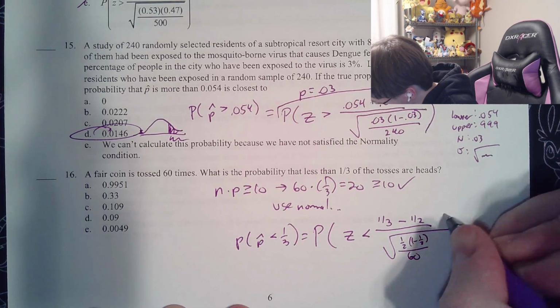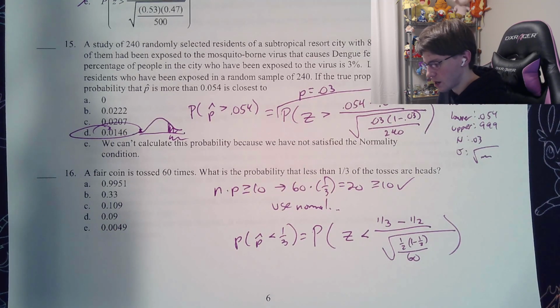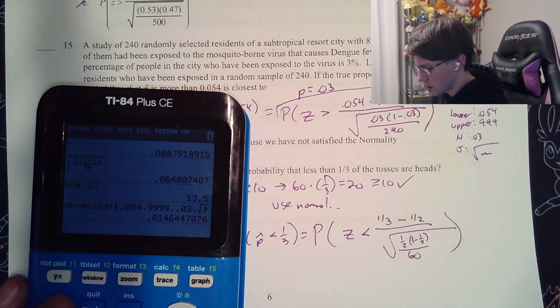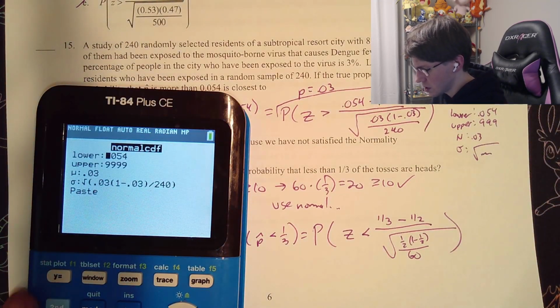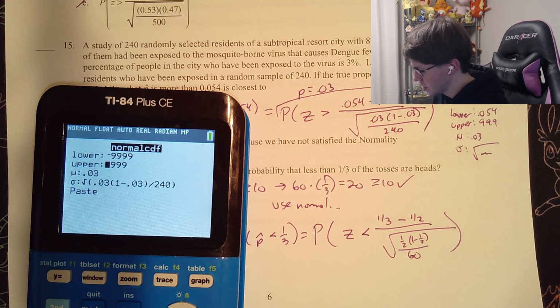And we're going to throw all of that in, again, using our normal CDF, same exact concept as we just did. So we're going to hit second vars, normal CDF, and we're doing less than. Because it's a less than, our lower is going to be negative 9999. Our upper is going to be 1 divided by 3. Our average we just talked about was 1 divided by 2.